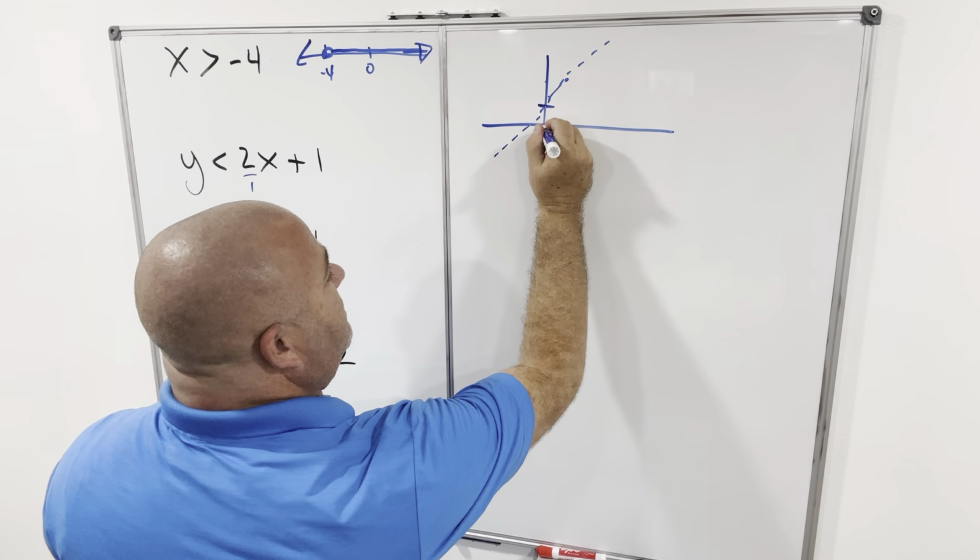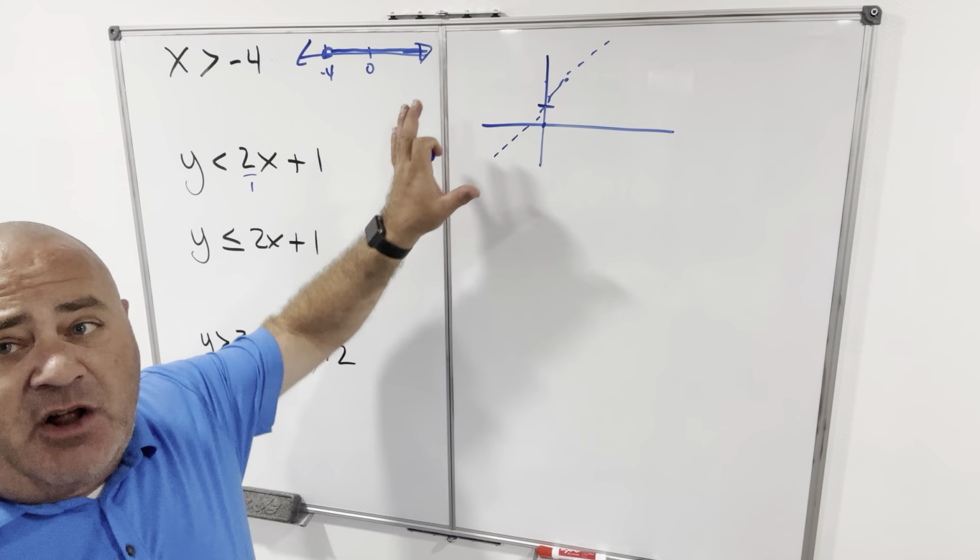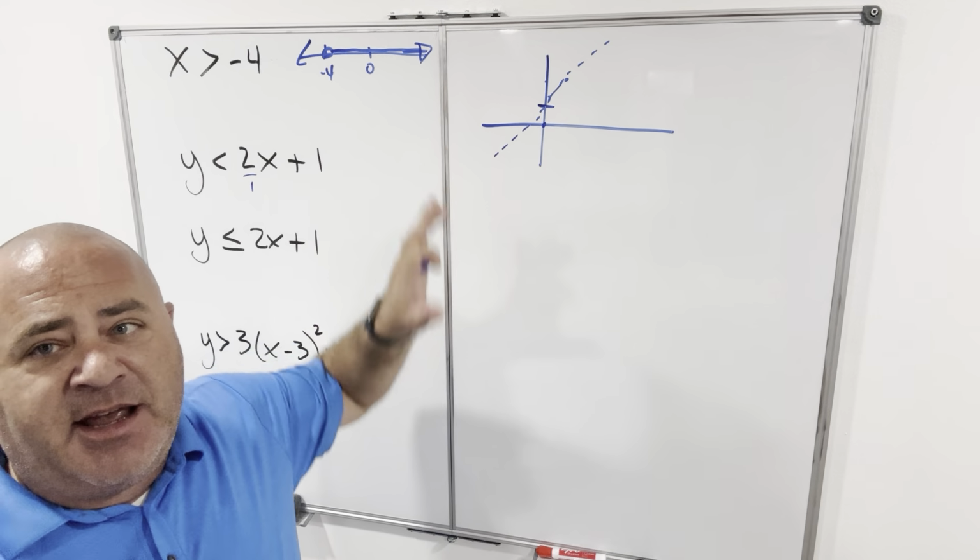If 0, 0 does not fall on my line, I always take 0, 0 just because it's the easiest to check. So we're going to plug a 0 in for x and y, and we're just going to get, is 0 less than 1? Well, it is. So if 0, 0 works, that means everything on this side of the line is going to work, and so we would shade everything in this direction.